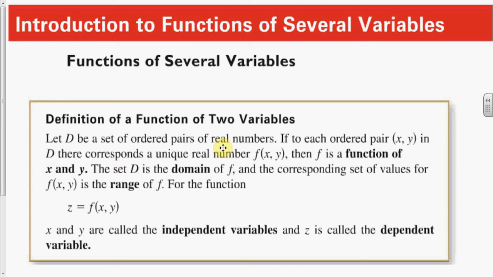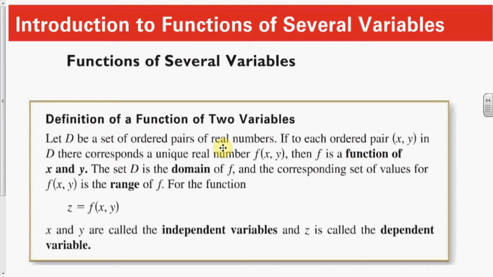If to each ordered pair x, y, we make an assignment of a unique number, there corresponds to each ordered pair some unique number we call an assignment. Here, this number is called z. Then we say that f is a function of x and y.